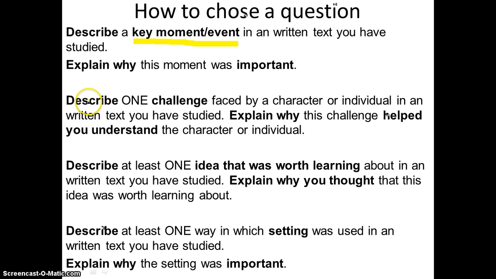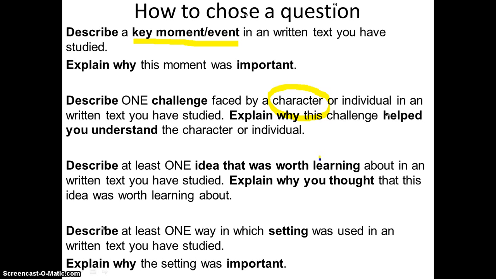All right, next one. Describe one challenge faced by a character or individual. Explain why this challenge helped you understand the character or individual. This word is really important right here. Now, you could argue that the soldier is a character, but I would say that you don't have much to go on in this poem because it's very brief.